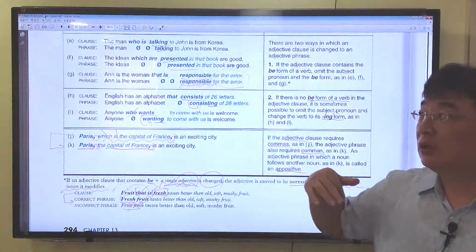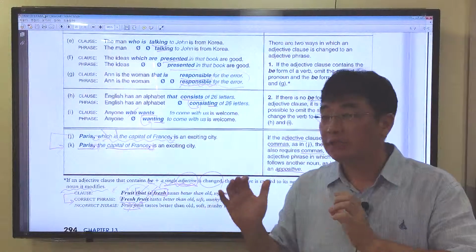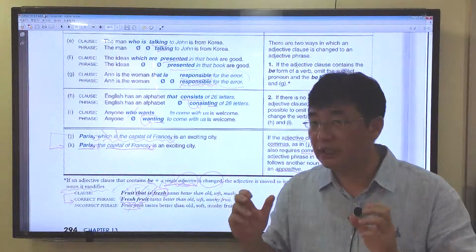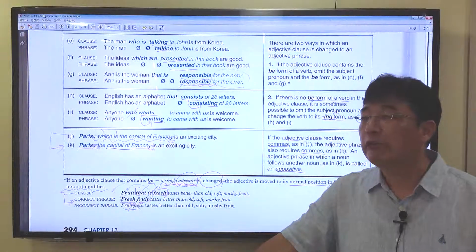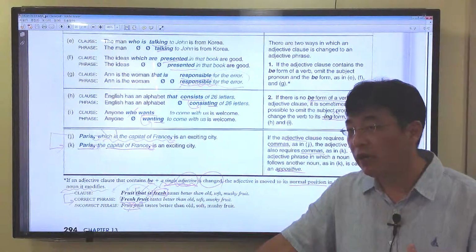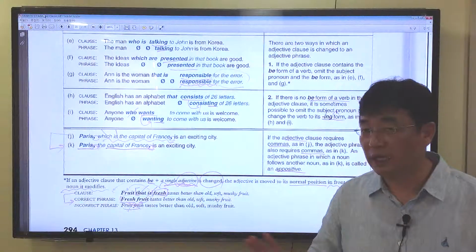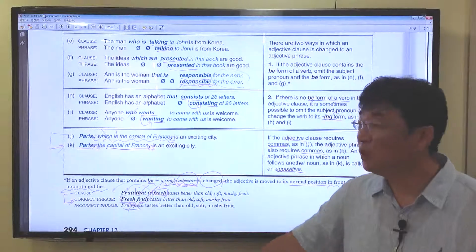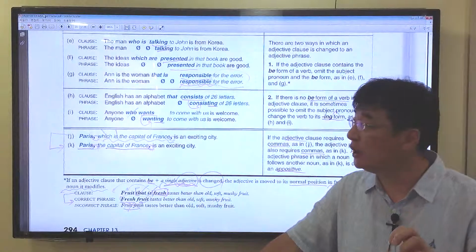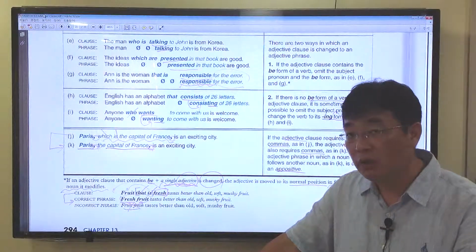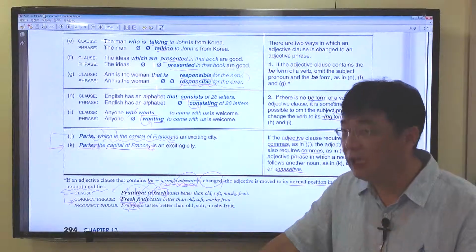So, knowing how to convert an adjective clause to an adjective phrase is very essential. You should understand it no matter what. Because you don't need to use the full clause type for modifying a noun. Not all the time. So not only do you not have to, but also many English writers choose either to use a clause or to convert it to a phrase, conveying pretty much the same meaning.